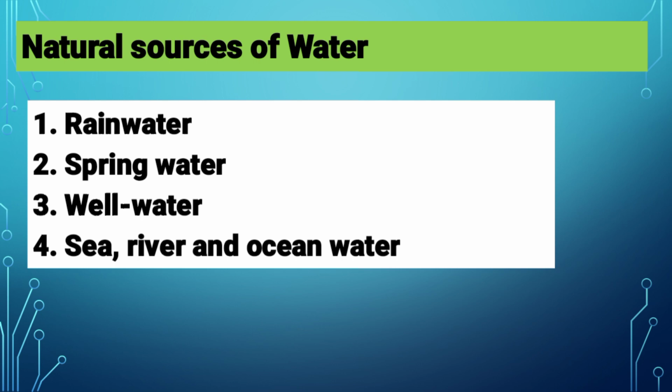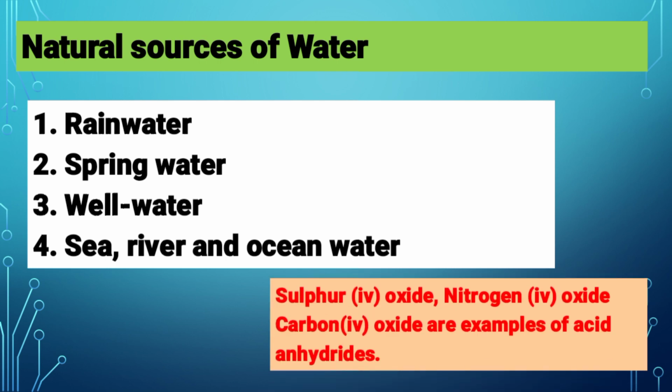best for drinking? This is because while the rainwater is falling down, it mixes with dust in the air and also some gases which might be acid anhydrides. What I mean by these acid anhydrides are those non-metallic oxides that when they dissolve in water, they will form acid. Examples of them include sulfur IV oxide.